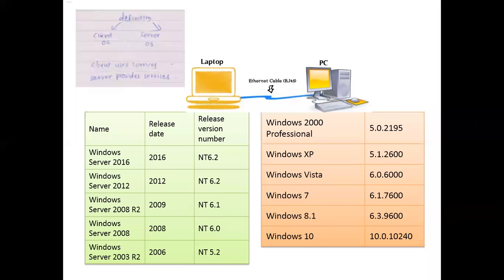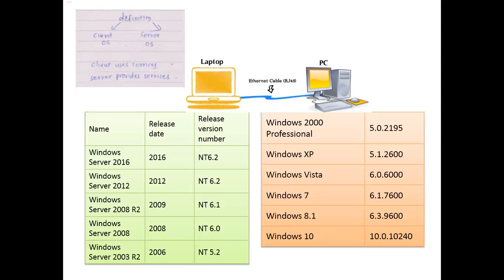Then you are supposed to ask me why server operating systems are different and client operating systems are different. First of all, the commercial aspect. Let us say Windows 7, Windows 8.1, Windows 10. If you consider these, they are nothing but client operating systems.